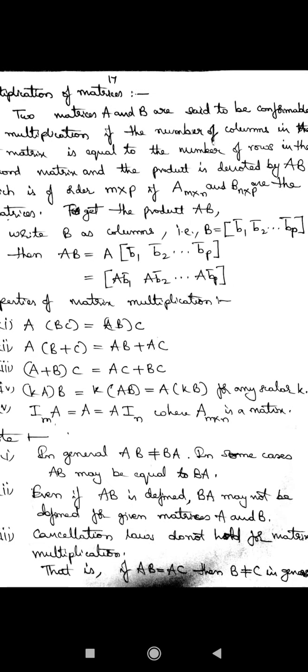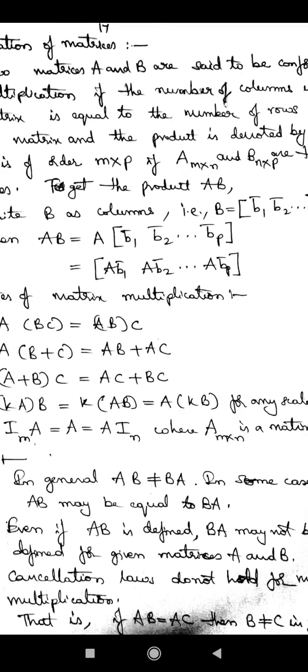Instead of writing all the column elements, we take each column as a column vector in B and write like this. Then we can find AB very easily, and AB is equal to A times [B1 bar, B2 bar, so on, Bp bar], which is nothing but [A B1 bar, A B2 bar, so on, A Bp bar].